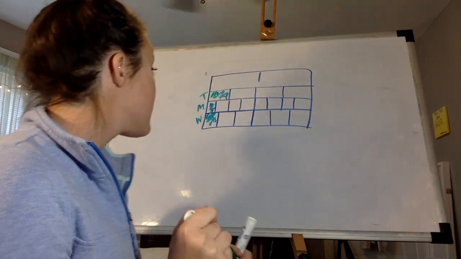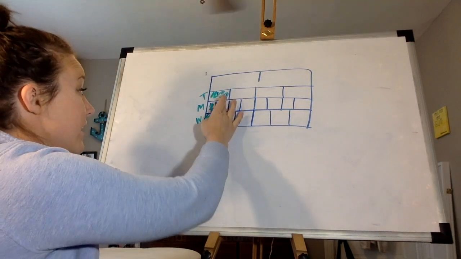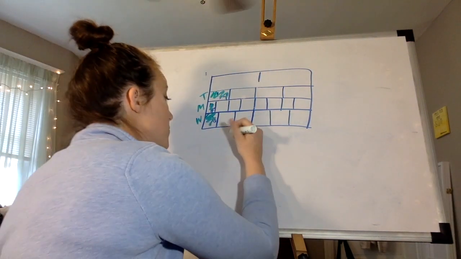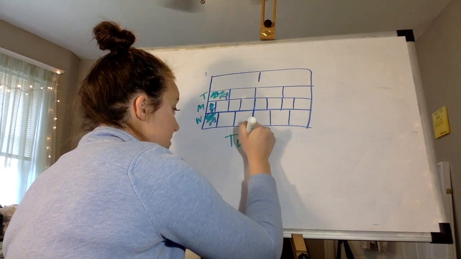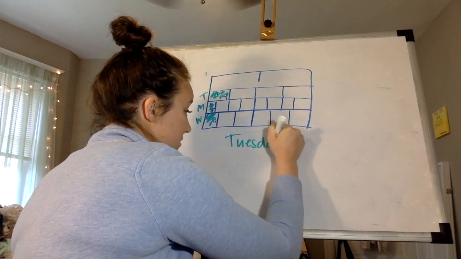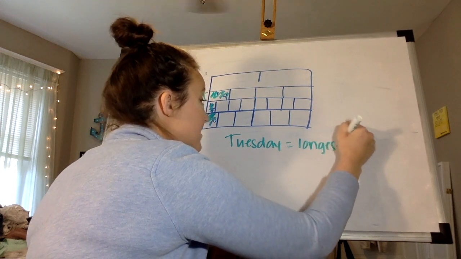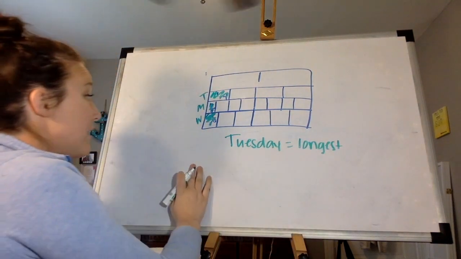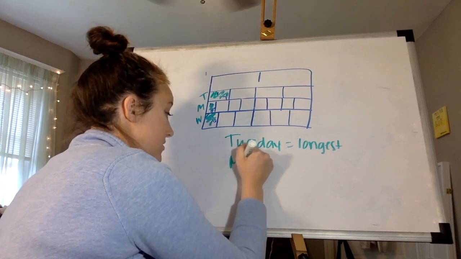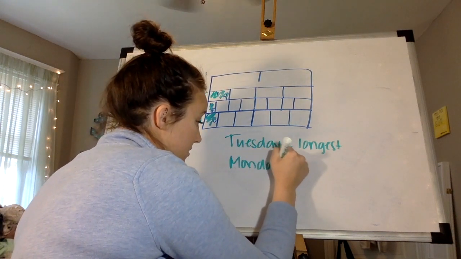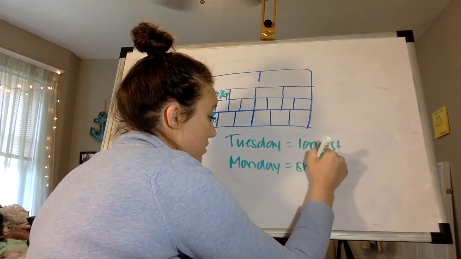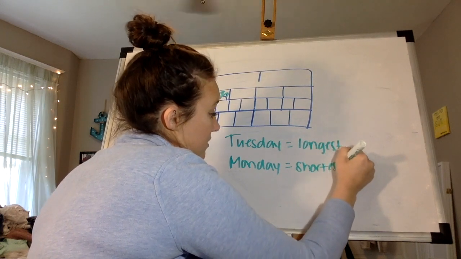So the longest piece of road, well, I'm looking at my fraction strips. Tuesday is the longest. What's my shortest day? That would be Monday, because 1/8 is smallest. So that's my shortest piece.